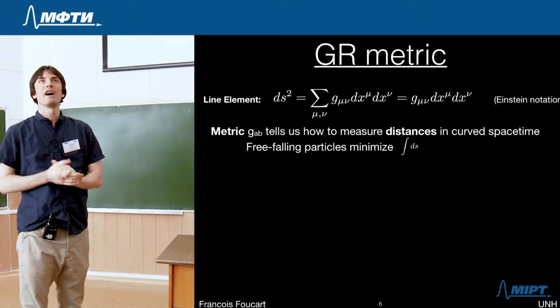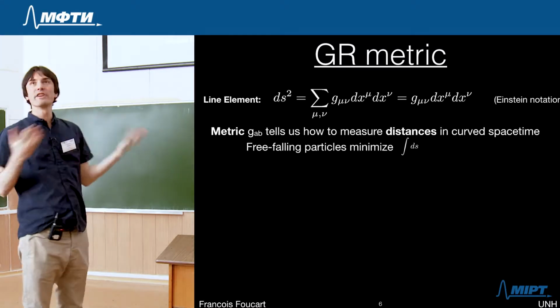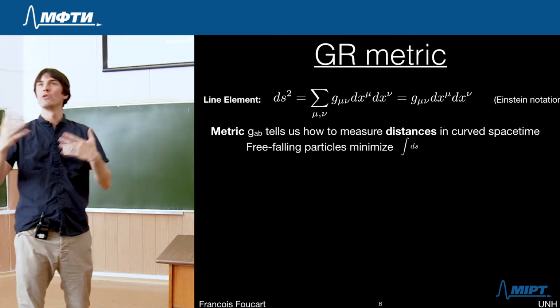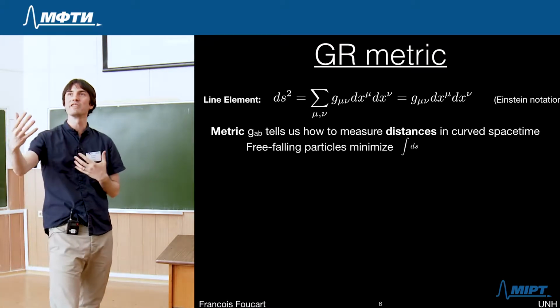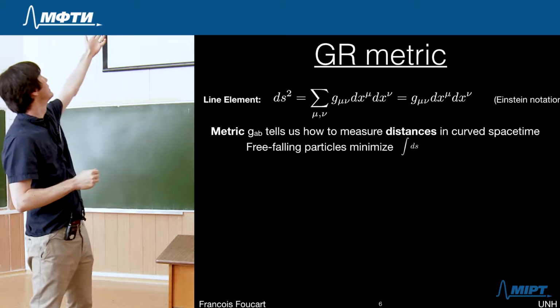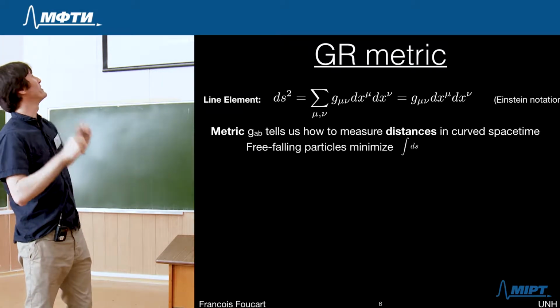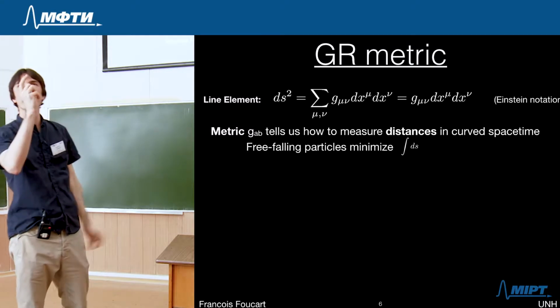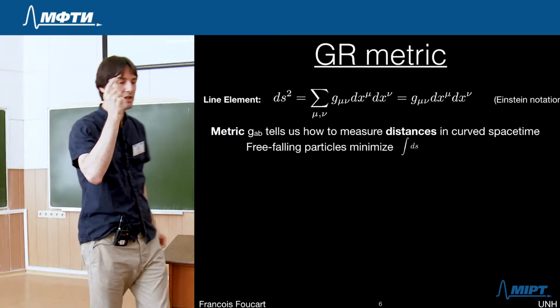And the first thing that I want to mention is that I'm going to start from the metric of space-time. If you have not seen that before, it's effectively what tells us how to measure distances in that curved space-time. The distance element, ds, the infinitesimal line element, is given by the action of the metric on an infinitesimal displacement dx.